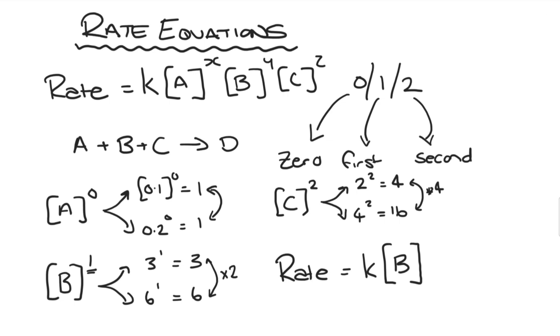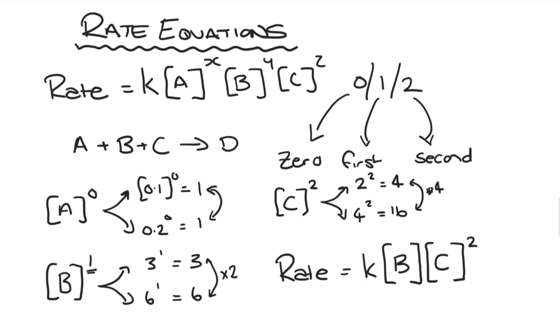We wouldn't need to write the number 1 above the B concentration because numerically we can assume that it's there. We would write the 2 though for the C to make sure we know that this is second order with respect to C.